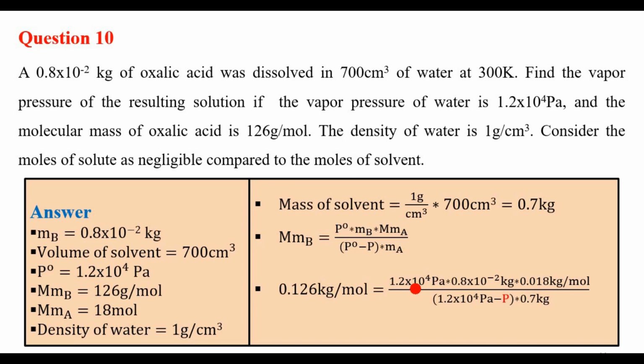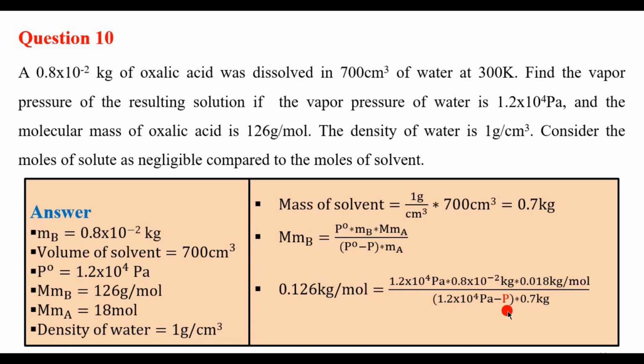We have the mass of the solid, which is equal to 0.8 times 10 power negative 2 kilogram, the mass of oxalic acid, and we have the molar mass of the water, which we have converted to kilogram per mole. It is 18 gram per mole, so converting to kilogram per mole, divided with 1,000. Then dividing with P naught, this is the P, which is the vapor pressure of the solution that we need to determine.